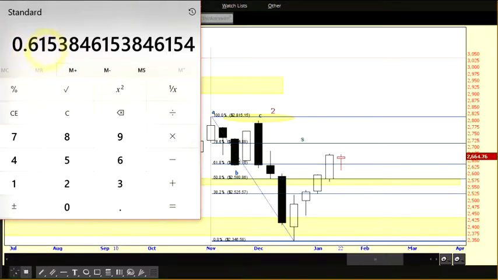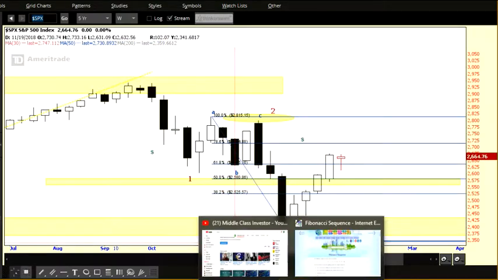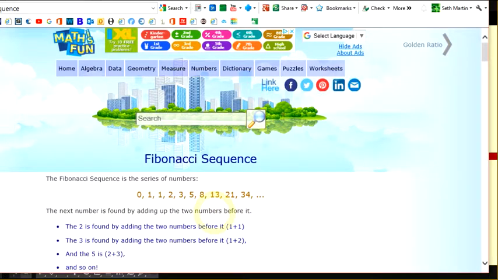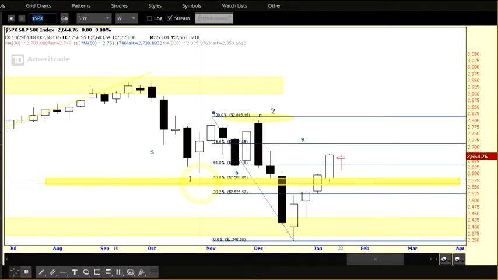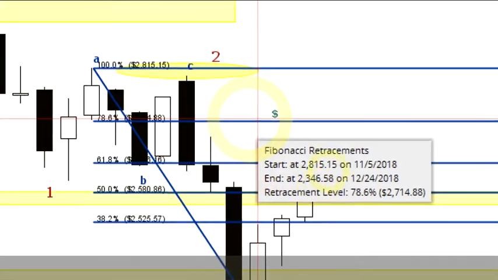It's also known as phi, which is 0.618. And it's a really interesting sequence because a lot of things in nature follow it. For example, when you have a tree, I'm just going to give you a little taste of it here.